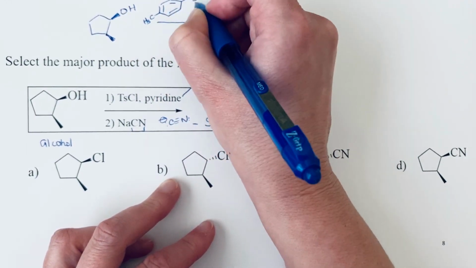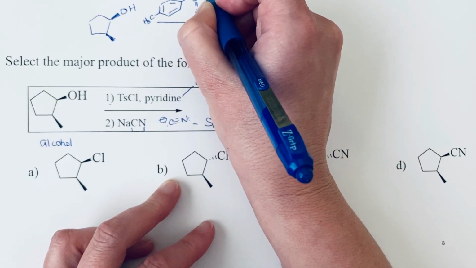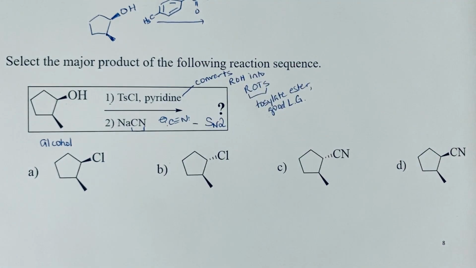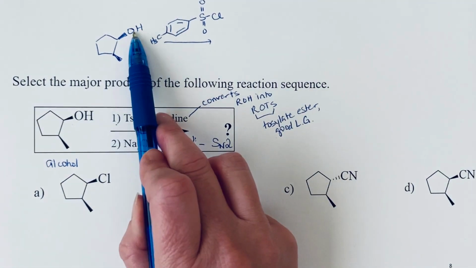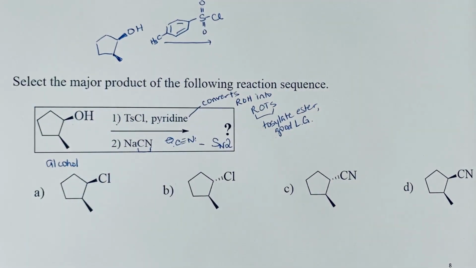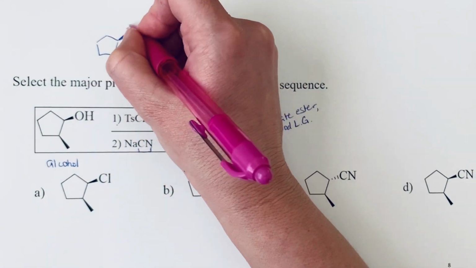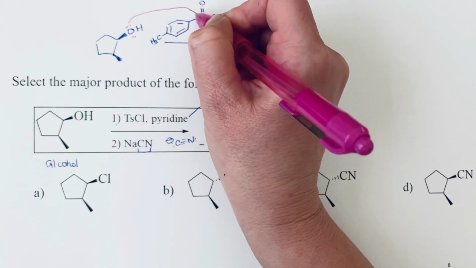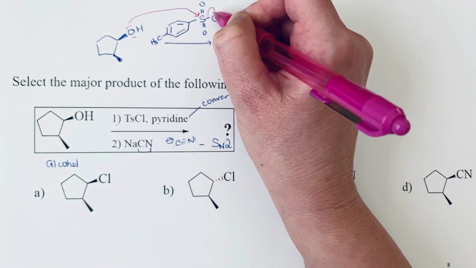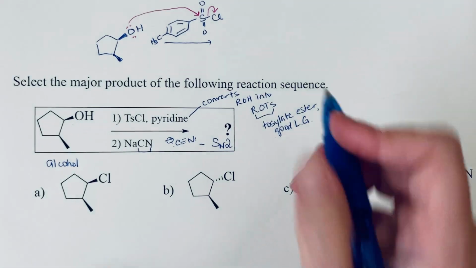So it is essentially this. What we have is a nucleophile and an electrophilic sulfur. The alcohol is acting as the nucleophile, so it is attacking this sulfur and pushing off the chlorine as a leaving group.